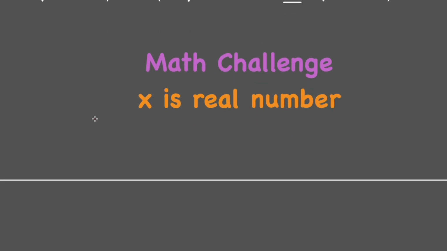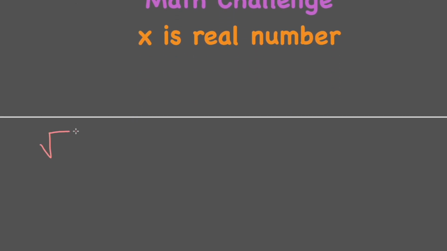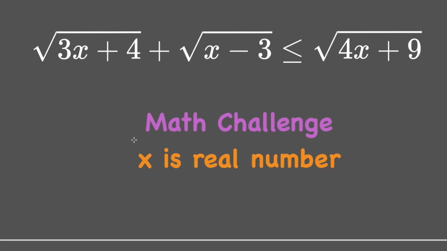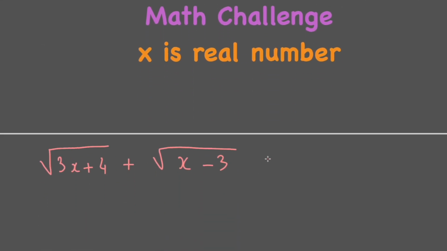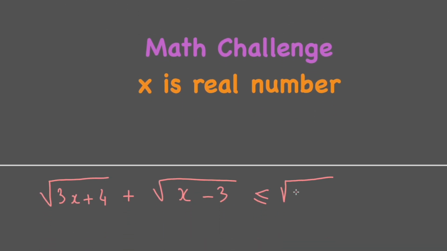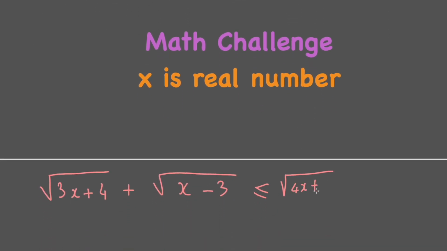First of all, we rewrite the inequation: square root of 3x plus 4 plus square root of x minus 3 is smaller or equal to 4x plus 9.